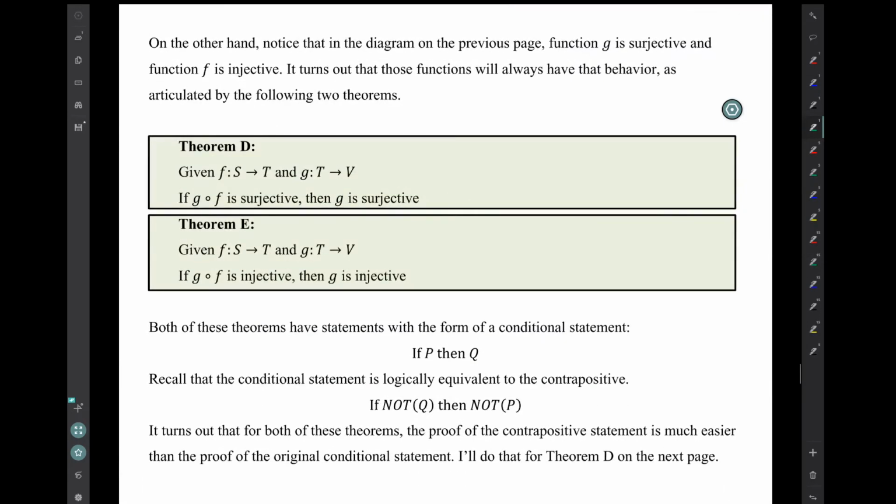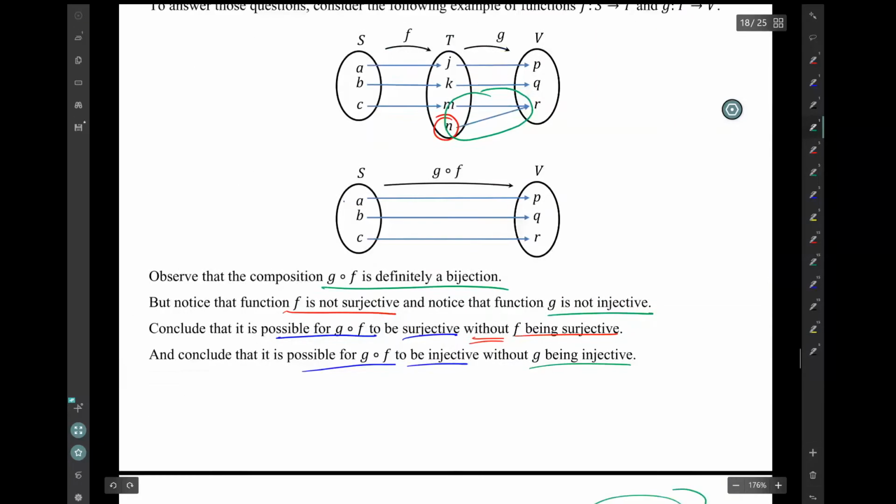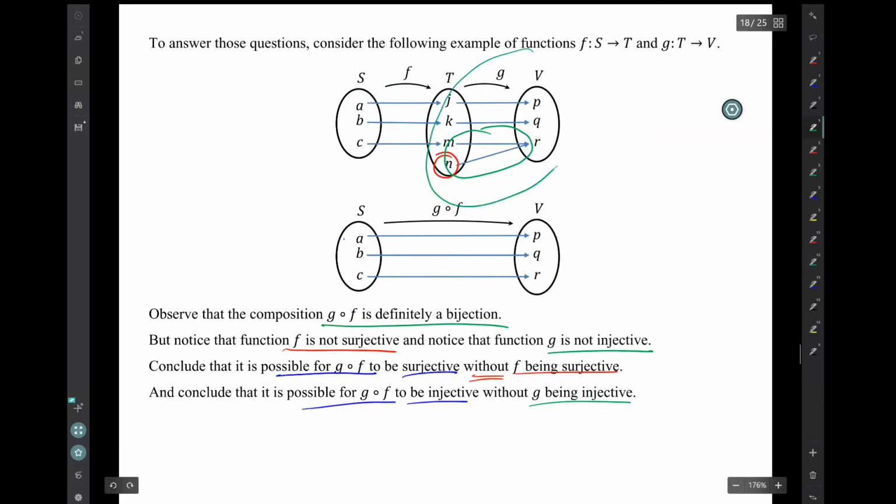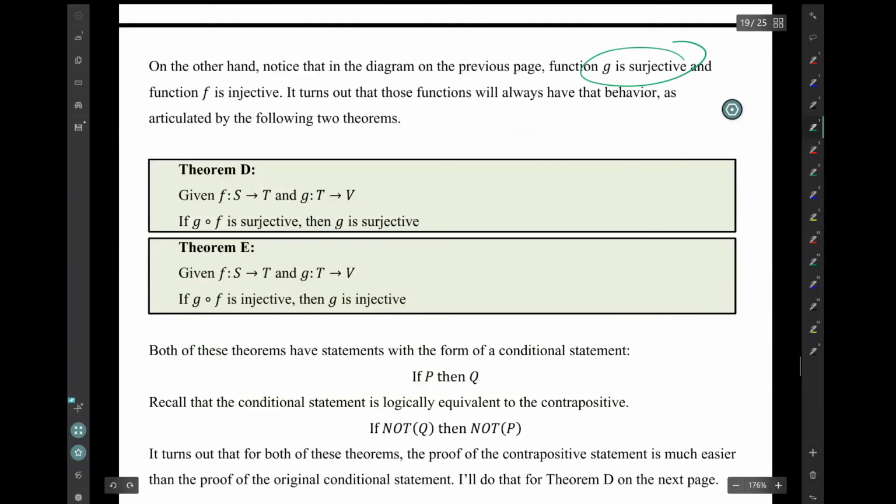On the other hand, notice that in the diagram above, the function g is surjective. So this function g was not injective because m and n both give an output of r. But g is surjective.